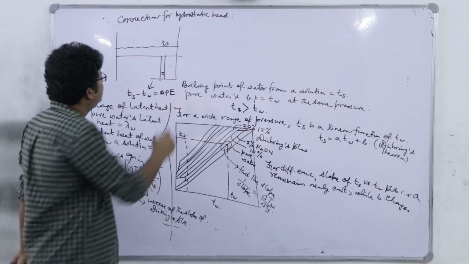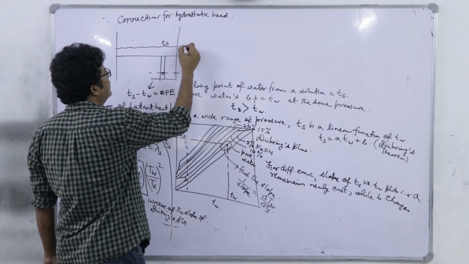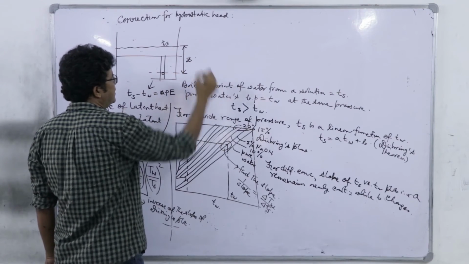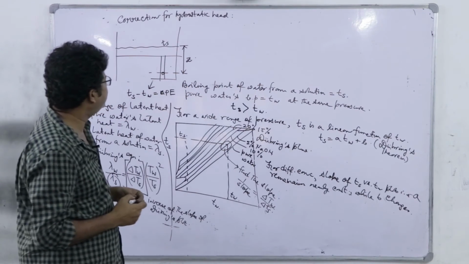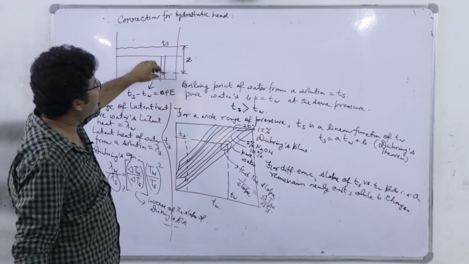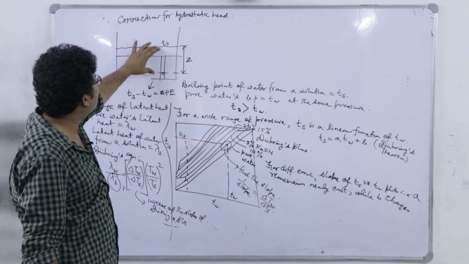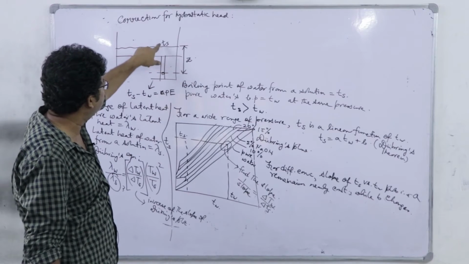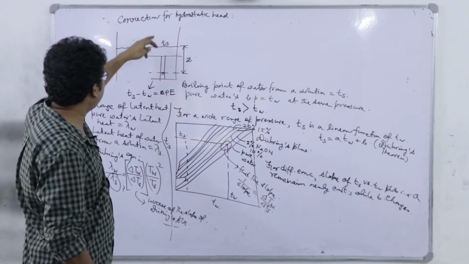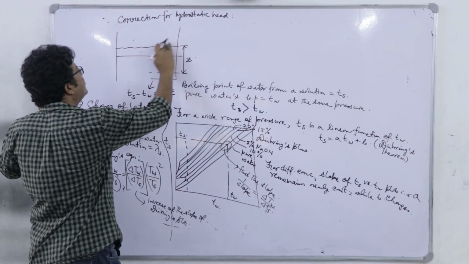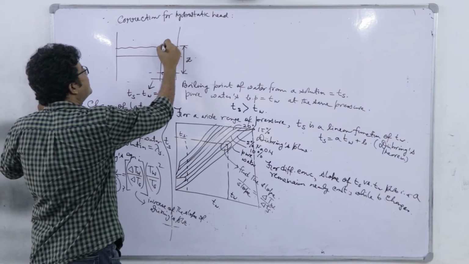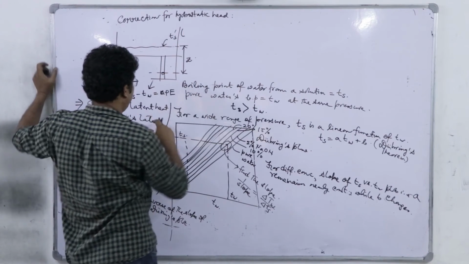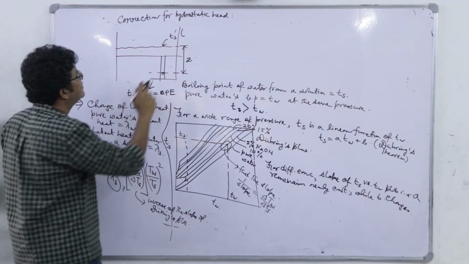Definitely it is under the additional pressure of this Z, right, the height is Z. So the boiling is taking place at a depth Z below the free liquid surface, and let us say that at the surface the boiling point is Ts prime, which we have previously referred to as Ts, right.